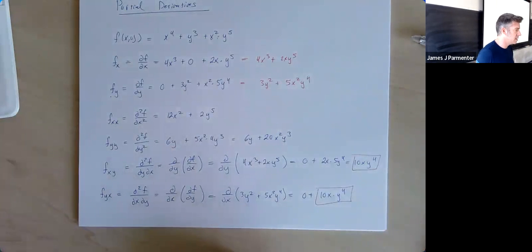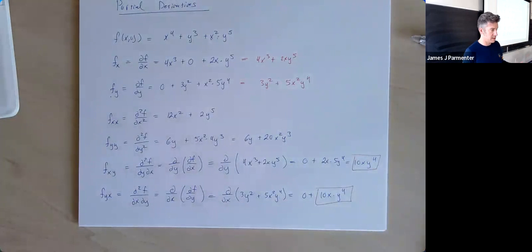Now, what I should really say is, it is true most of the time that the mixed partial derivative in either order is the same either way you calculate it. There are some funky functions that you can come up with that don't follow this rule. There's something called Clairaut's theorem, I think it's C-L-A-I-R-A-U-T, about when this is true and when it's not true.